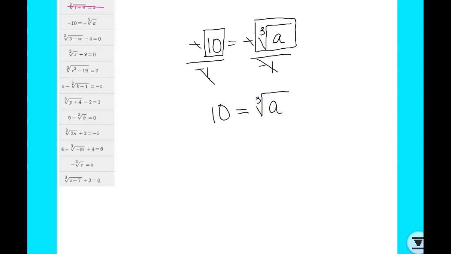And just like in the last one, if we want to do the inverse of the cube root, we're going to cube both sides, because whatever we do to one side, we have to do to the other. And so the inverses go away, and we get a is equal to 1,000. 10 times 10 is 100. 100 times 10 is 1,000. So a is equal to 1,000.